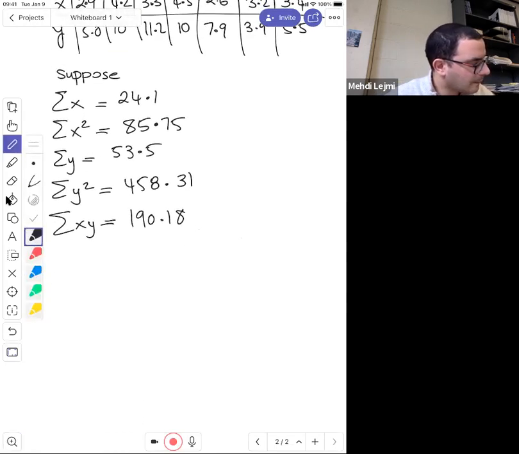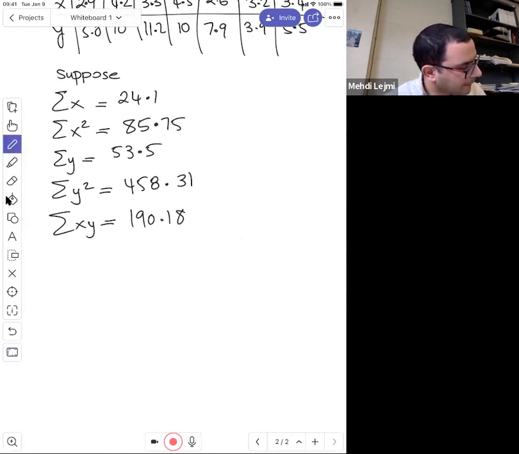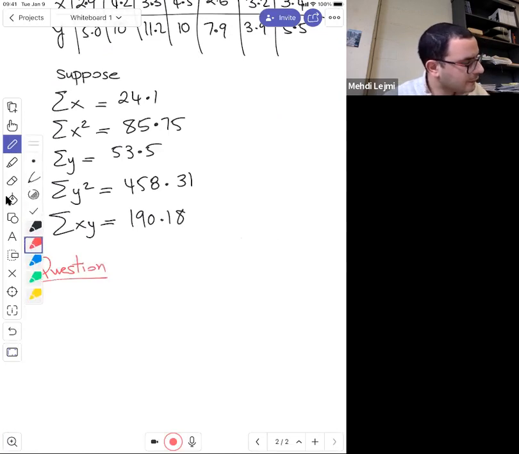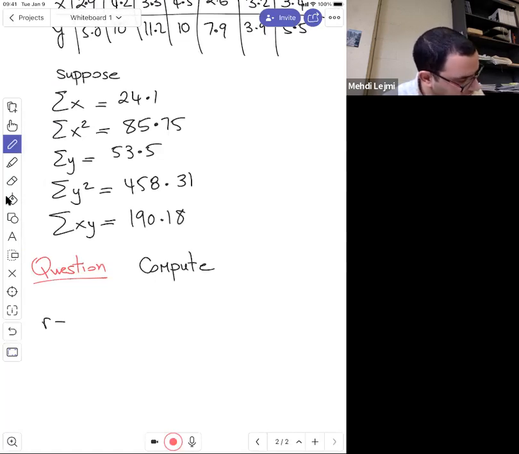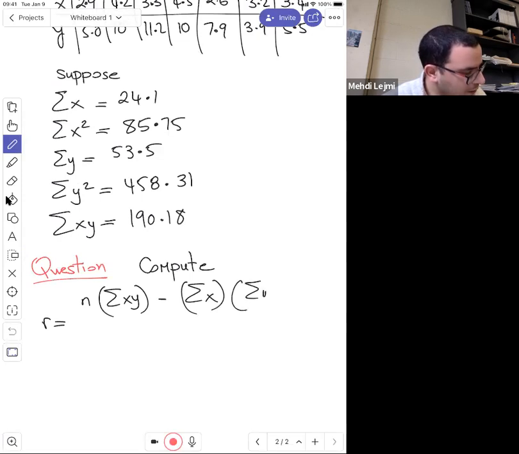So you need to compute R, which is, again, just to remind you, the formula. It says n times the sum of xy minus the sum of the x's times the sum of the y's. So here the idea is to plug these numbers in the formula.